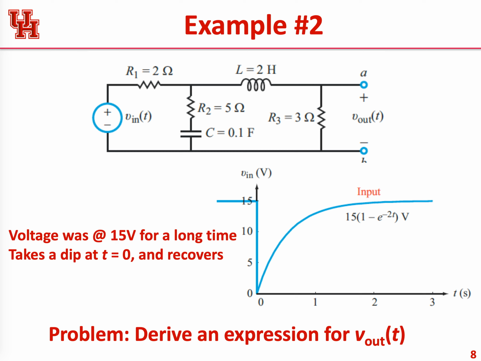So in order to solve this circuit, we need to do two things. First of all, we need to analyze this part and determine the initial conditions, at t equals 0 minus.